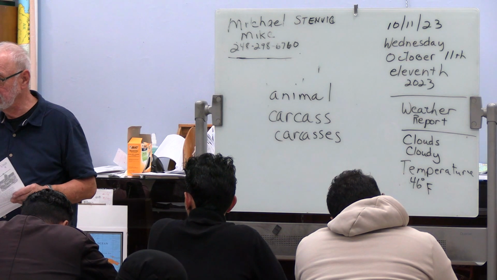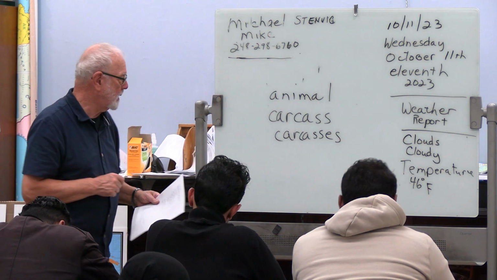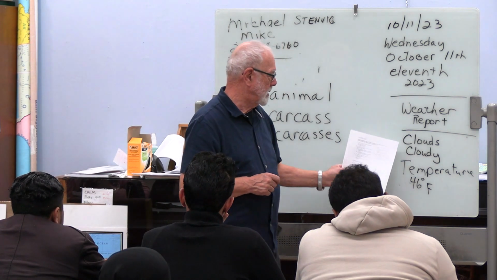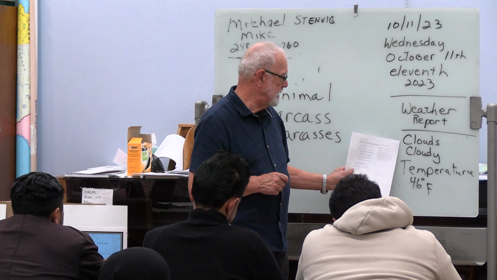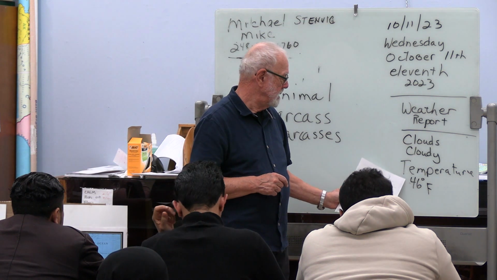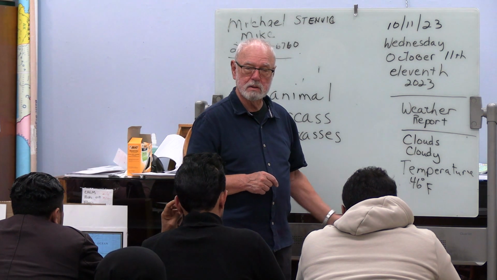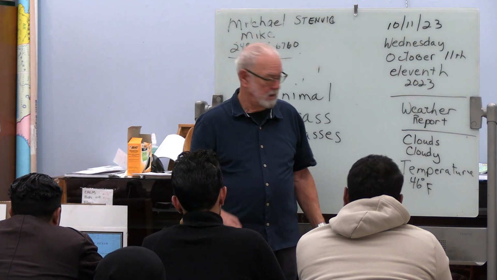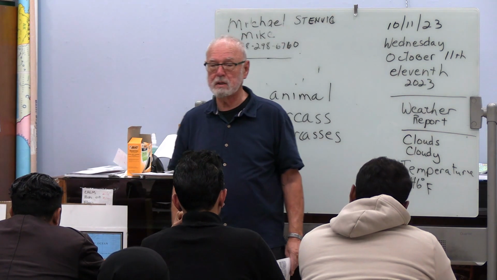Okay, from the information. So for example, I'm going to look over here at my weather report. Today is cloudy, temperature 46. This is information. It's cloudy. The temperature is 46.